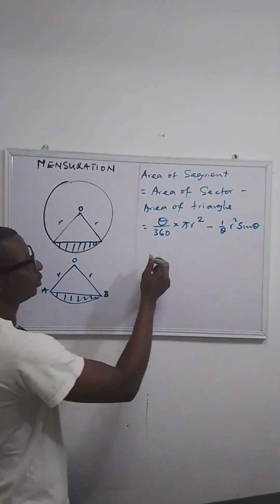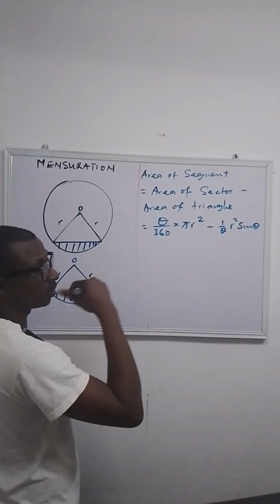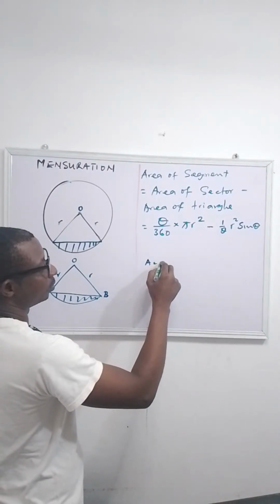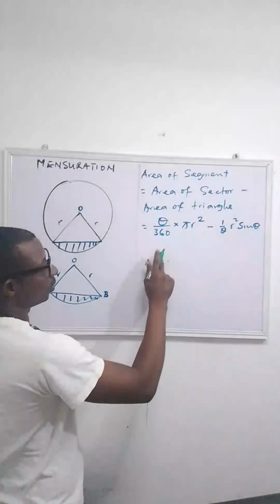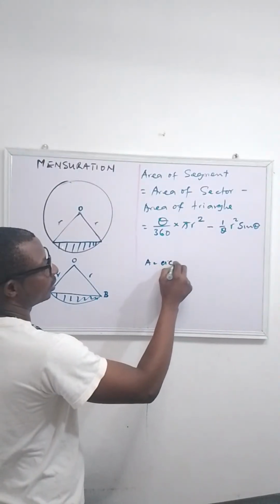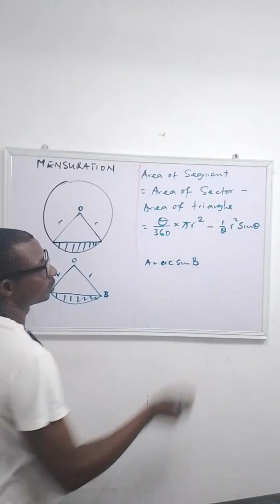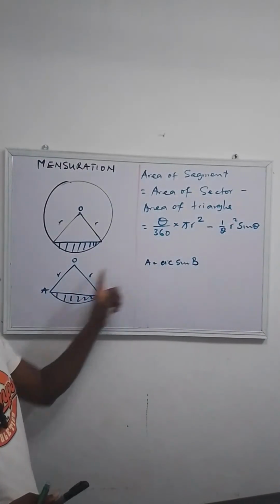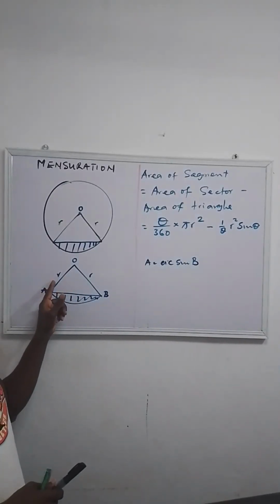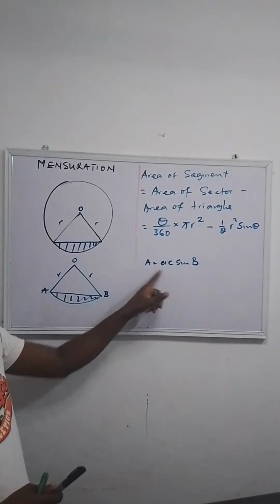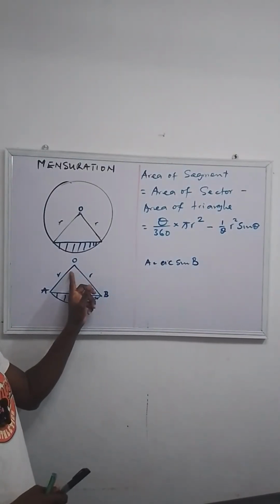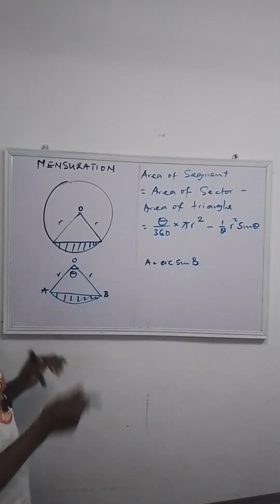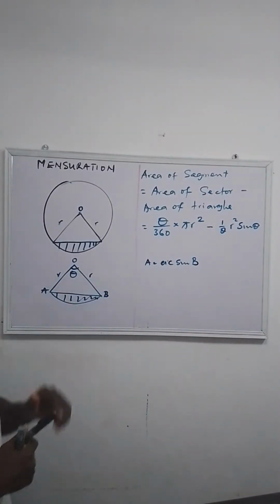You remember I told you when we were looking at area of triangle that we have A equals half AC sine B. So in this case, side A and side C is r. So angle B here is the theta that we have, the angle subtended at the center of the circle.